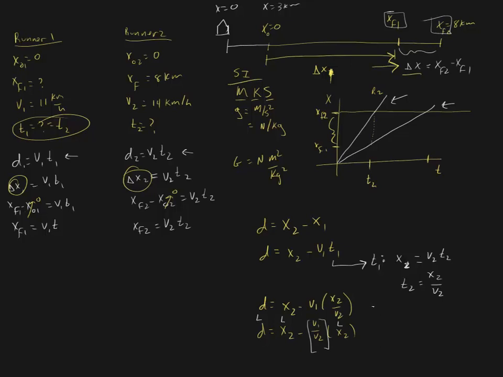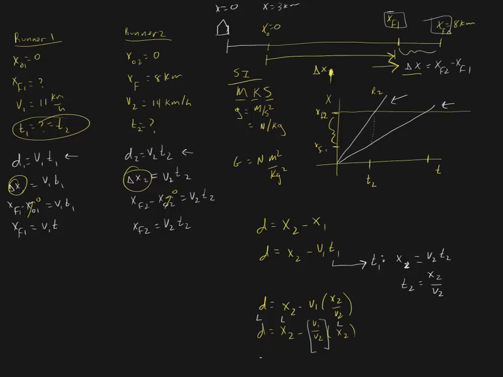So dimensionally it works out to the correct units. That tells us our algebra is at least close. Finally, this ratio of v1 over v2 is telling us that x1 is going to be a percentage of whatever x2 was. x1 is only going to run maybe 70% of x2 because of the speed.